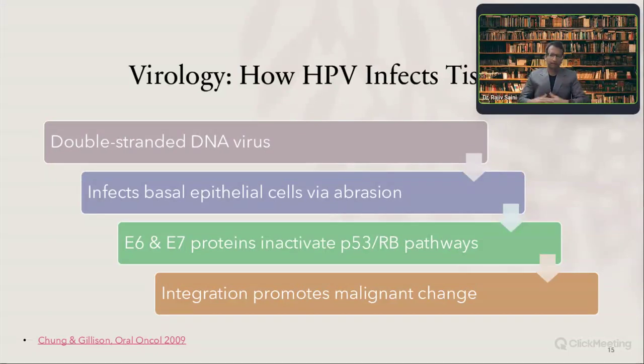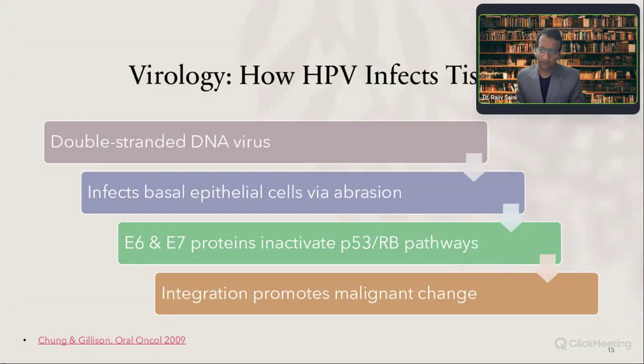Our body has a natural defense to protect itself from cancer, and two kinds of proteins, E6 and E7, play a very critical role in deciding whether the cancer is going to be benign or malignant.